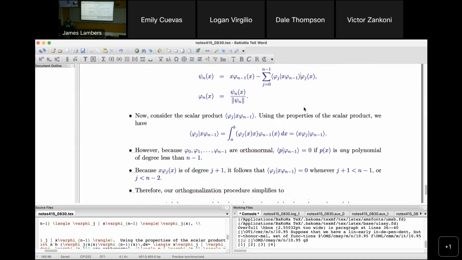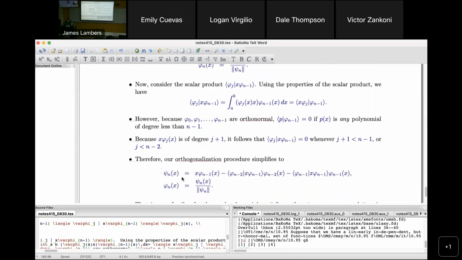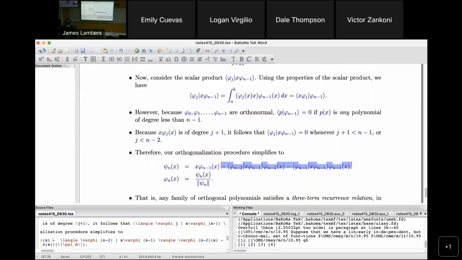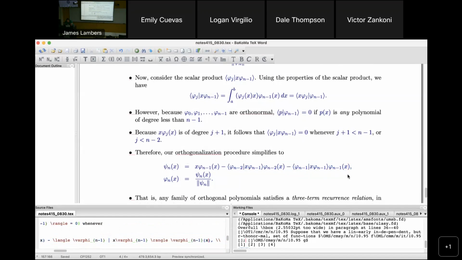So now your Gram-Schmidt looks like this. So we have a polynomial we're orthogonalizing against, and these are the only 2 terms from that same summation. I haven't changed them. They're the only ones that are actually non-zero.